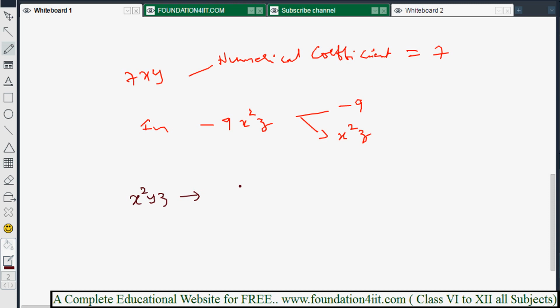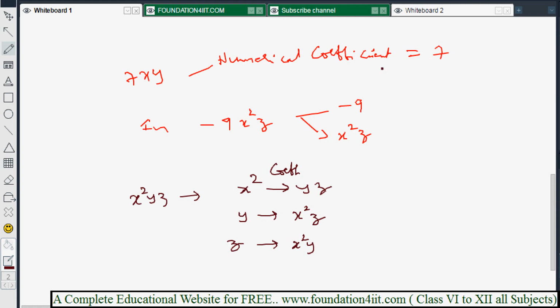In this, the coefficient of x square is the remaining part, yz. The coefficient of y is x square z, and the coefficient of z is x square y, and so on. So you can take the coefficient of a particular factor if asked.